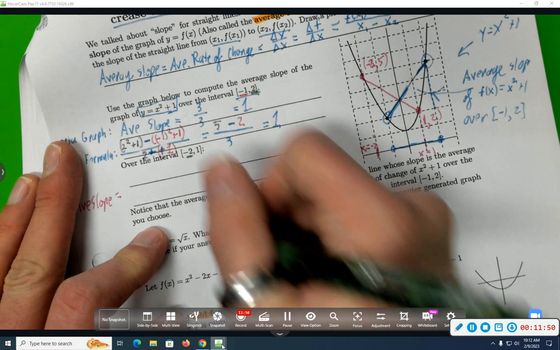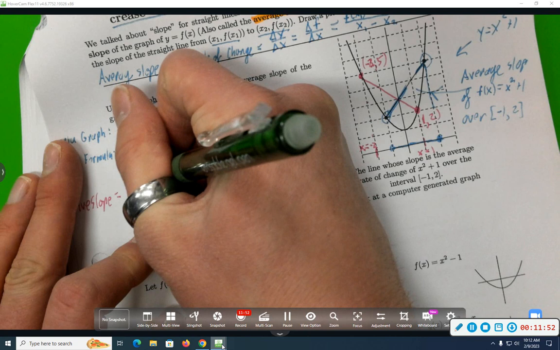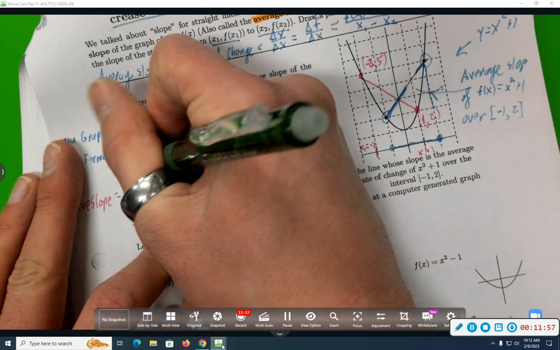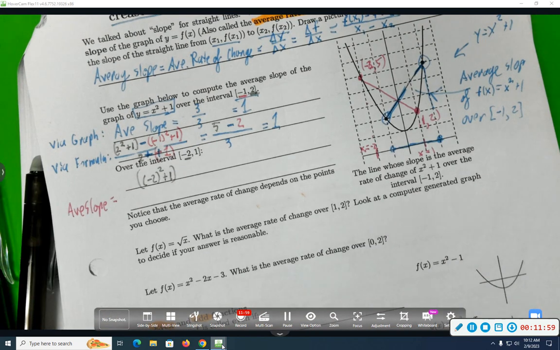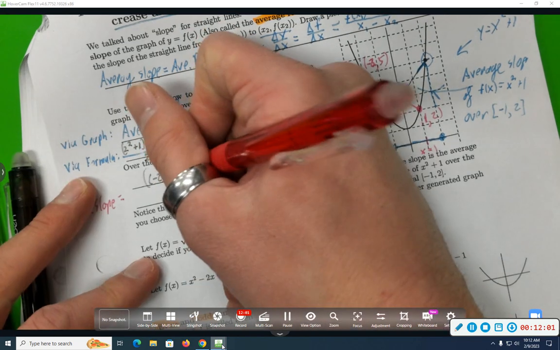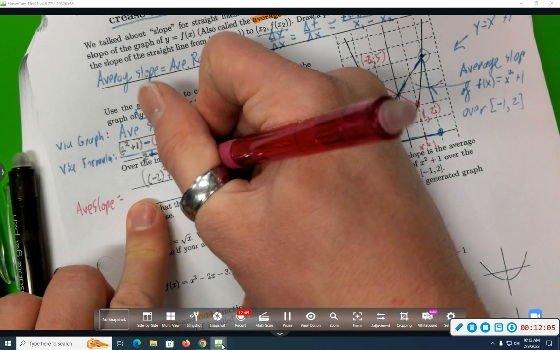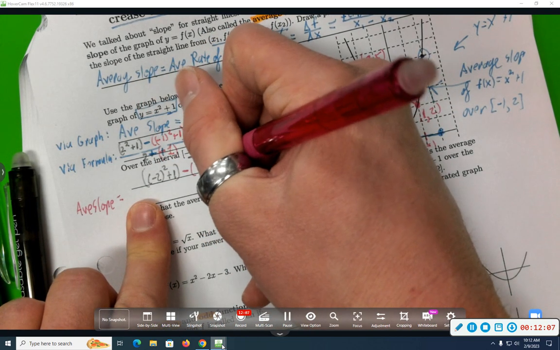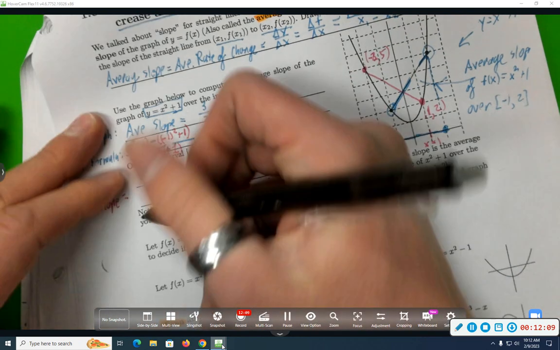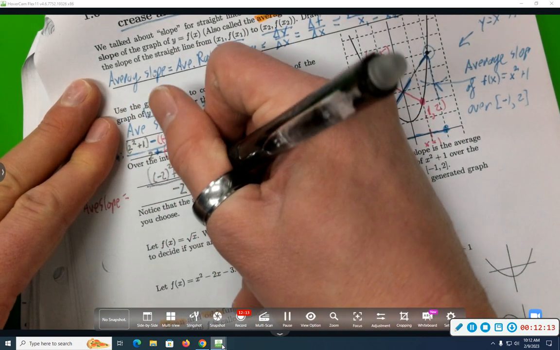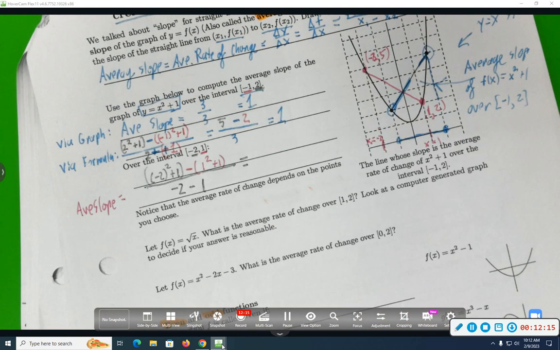So plugging in negative 2, we'll get negative 2 squared plus 1 minus 1 squared plus 1, all over negative 2 minus 1. And let's do the computation and see what happens.